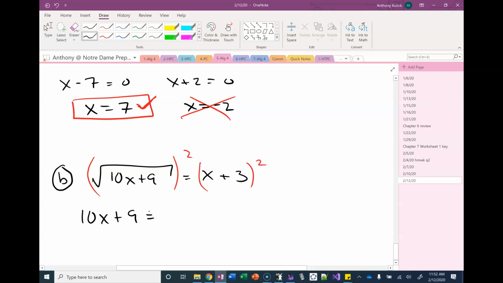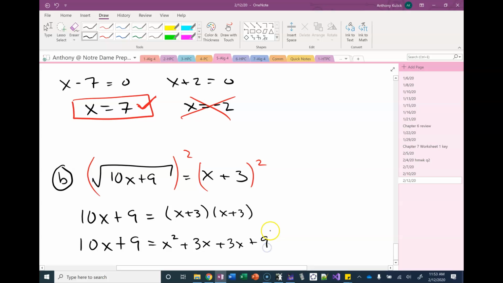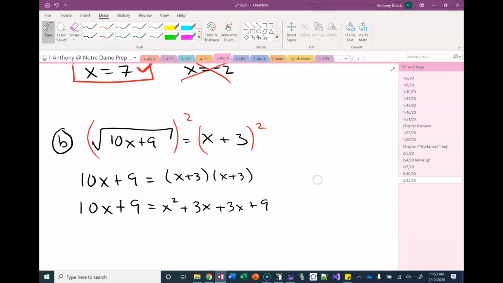And then what do I do for x plus 3 squared? Yeah, I'm going to have to FOIL, so I'll write that as x plus 3 times x plus 3. When I FOIL this out, I get x squared plus 3x plus 3x plus 9. And if I combine those like terms, I get x squared plus 6x plus 9.